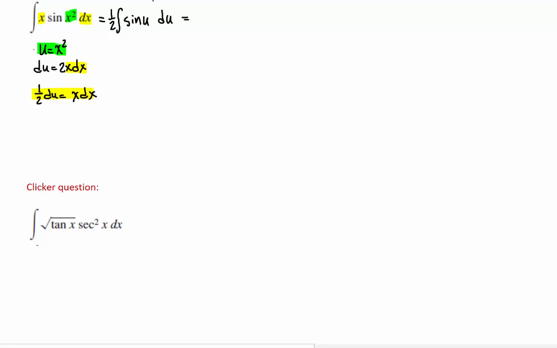And then let me write the antiderivative, and here we're going to have negative cosine of u plus c, and let's continue in a line, which looks ugly, but oh well. Cosine, instead of u we write x squared plus c, and that is your answer.